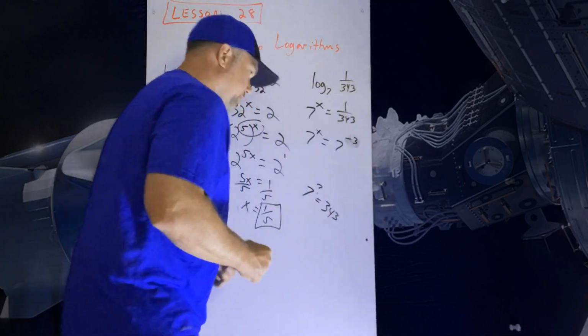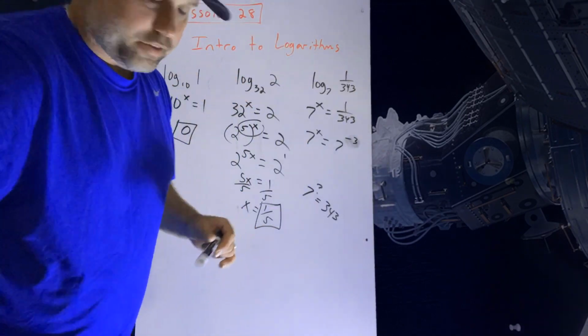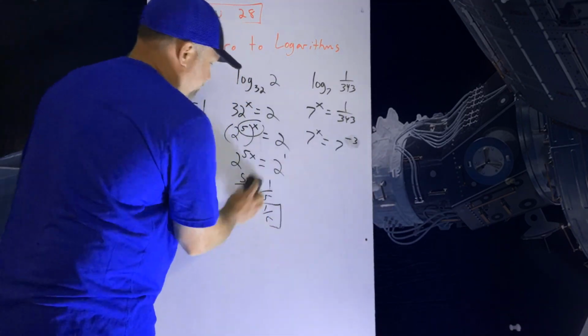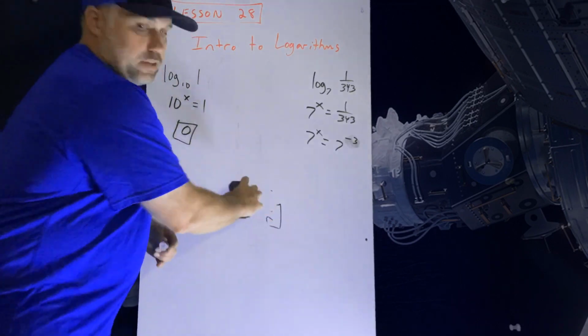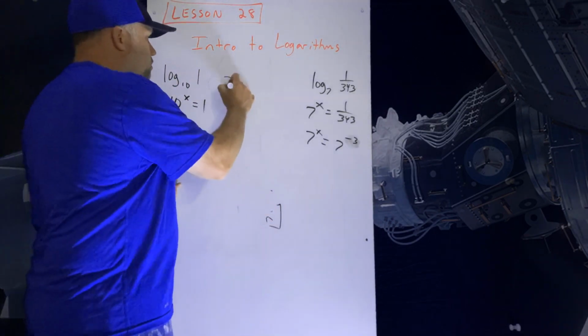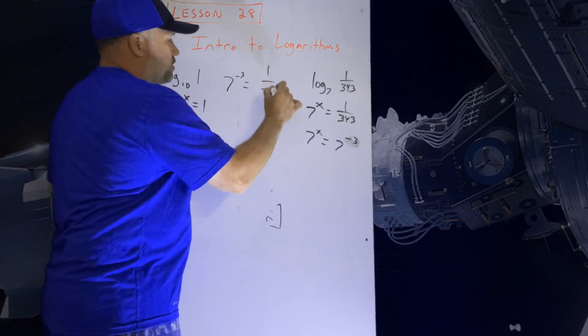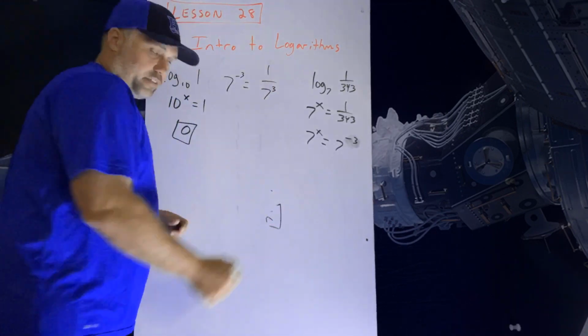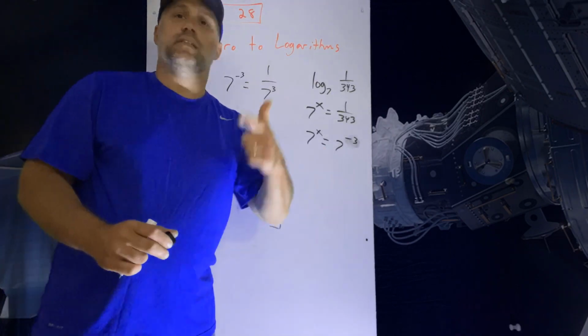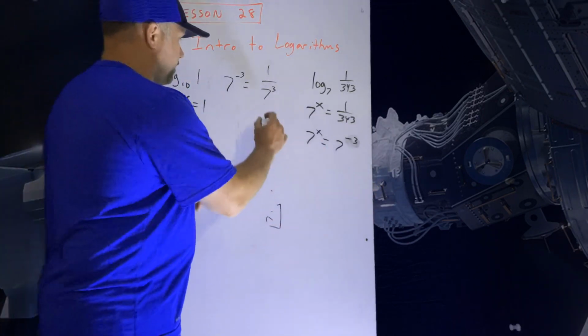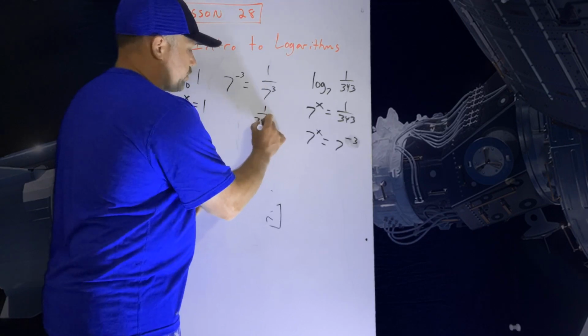negative 3rd power. And the reason that works, let me just go off to the side here and remind you of that. 7 to the negative 3rd is the same as 1 over 7 to the positive 3rd. And when you take 7 times 7 times 7, you do get 343. So this is 1 over 343.